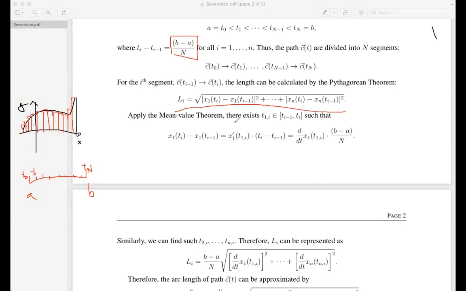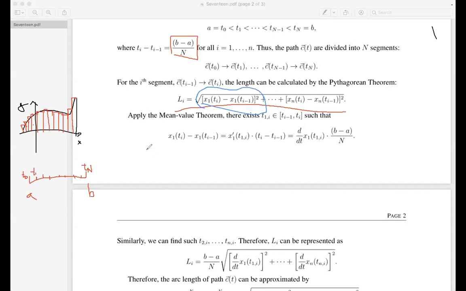Okay, so we take a closer look at this part, x1(ti) minus x1(ti minus 1), and then square. So basically this is just the displacement in the first argument.